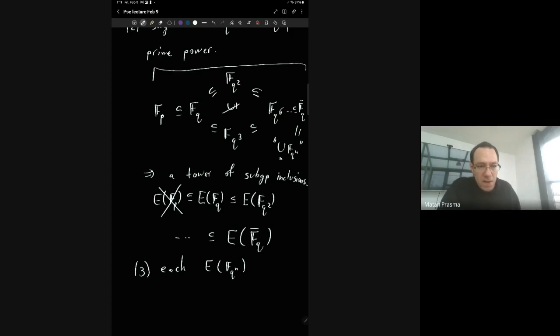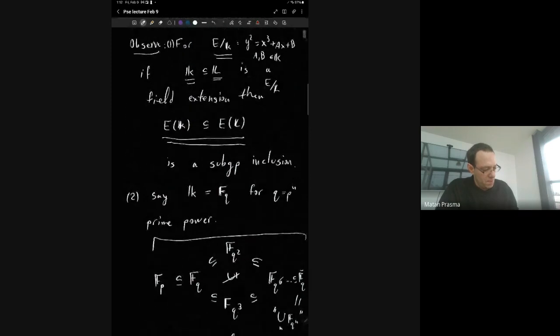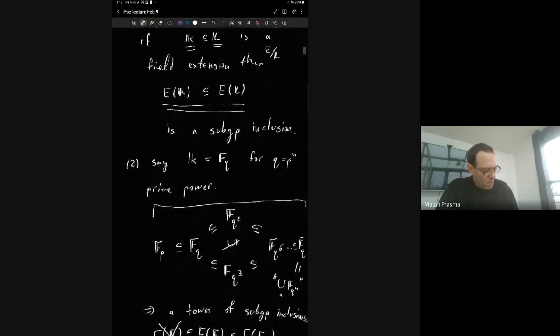Can anybody say why I cannot consider E(F_p), the F_p-rational points over E? Remember, I have a field K. The field K for us in this case is F_q, or let's say n is bigger than 1.